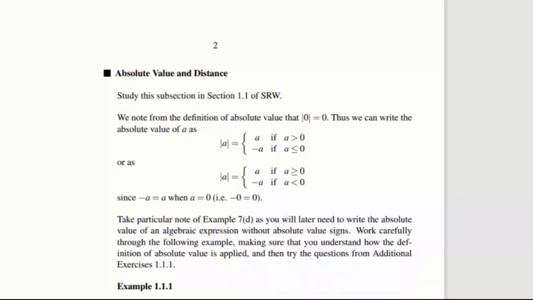On the other hand, absolute value of A equals minus A if A is less than or equal to 0. If A is less than 0, a negative times a negative is a positive, so it's minus A. If A is equal to 0, minus A will become 0. So you will see that the absolute value function is always greater or equal to 0. It's never negative. And the same applies to the second definition, which is equivalent to the first one.